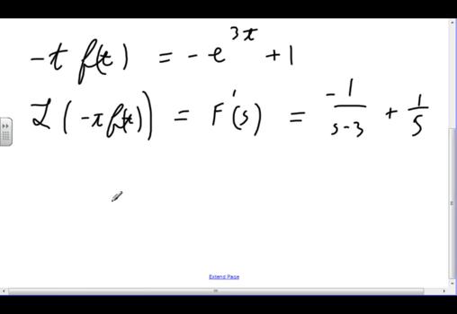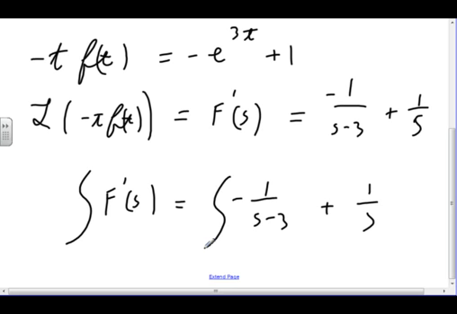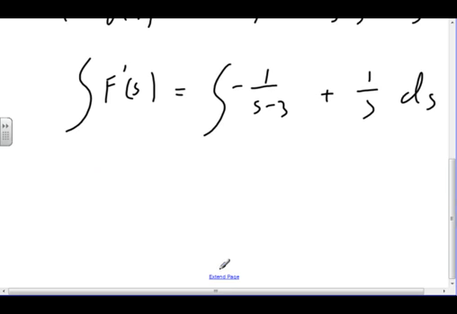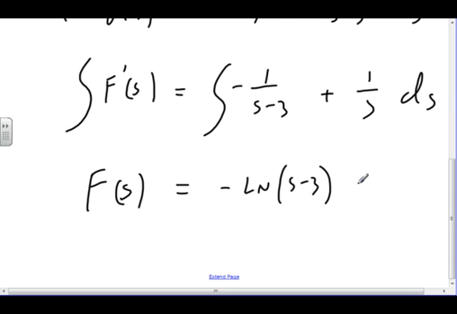All right, so I've got that f prime of s is equal to minus 1 over s minus 3 plus 1 over s. I'm going to integrate both sides of the equation, and I'm going to find that f of s is equal to minus the natural log of s minus 3, plus the natural log of s. I think I'm done.